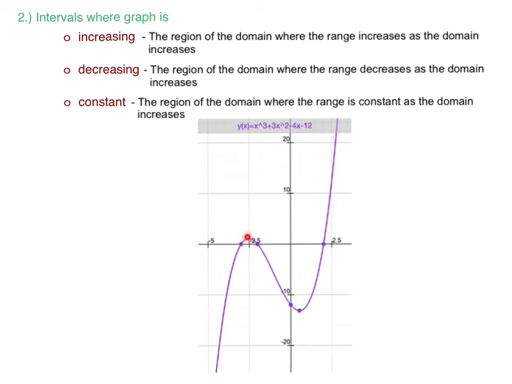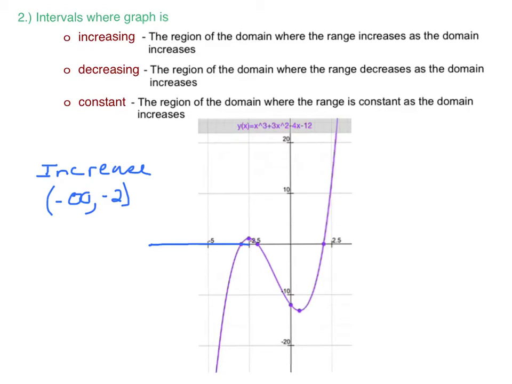Now, how are we going to write that in interval notation? Here's how we're going to write that as an interval. I'm going to say that the function will increase from negative infinity to negative 2. So from out here at negative infinity up into this point right there, the function increases.